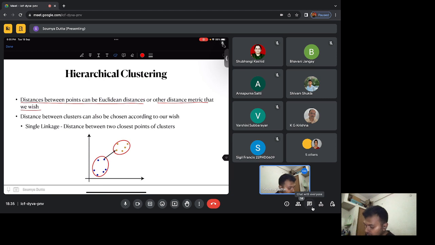However, distance between the clusters. Many times, when we learn about k-means, they always say Euclidean distance is preferred over Manhattan distance. Is there any reason, sir, why for k-means Euclidean is preferred over Manhattan? That is actually a very deep result.